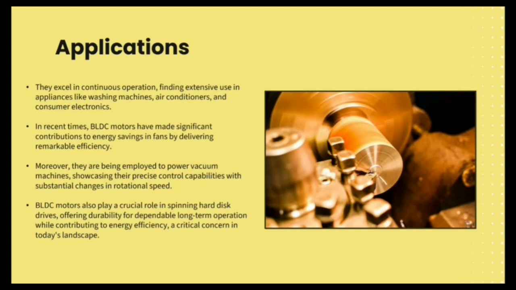In one case, a change in the control program resulted in a large jump in rotational speed, as an example of the superlative controllability offered by these motors. Basically, we can discuss fans, washing machines, and other electric devices that run continuously for a long time.